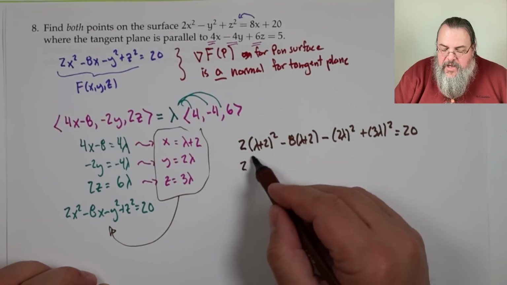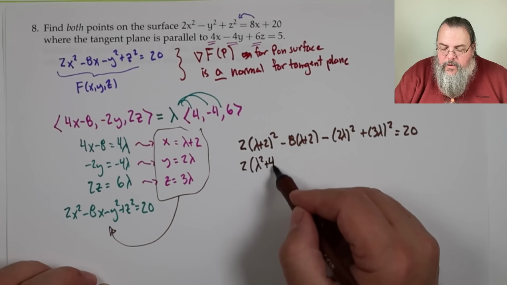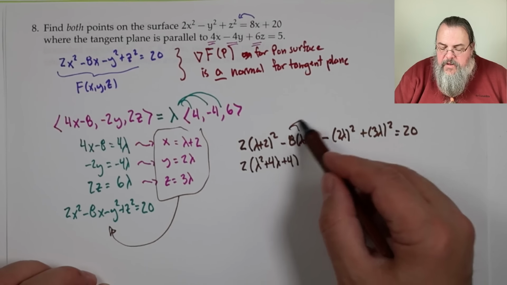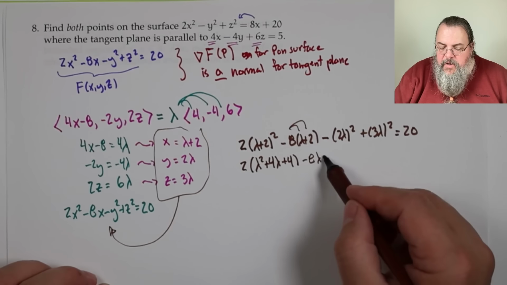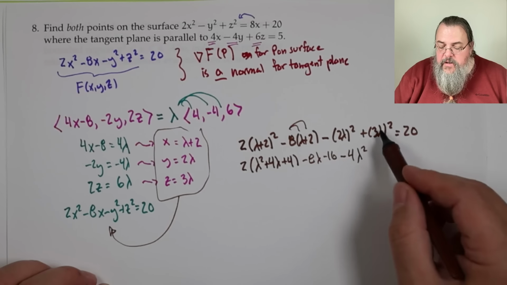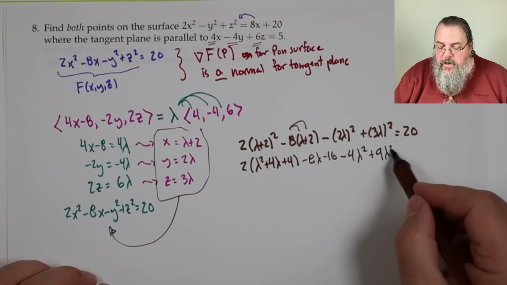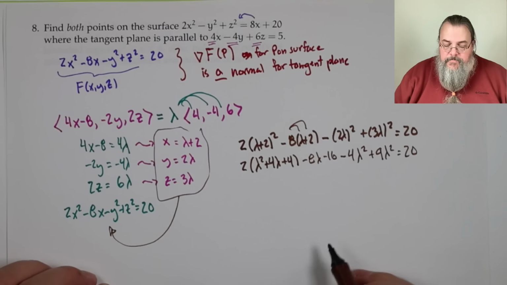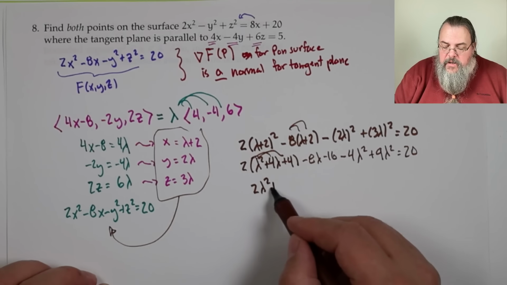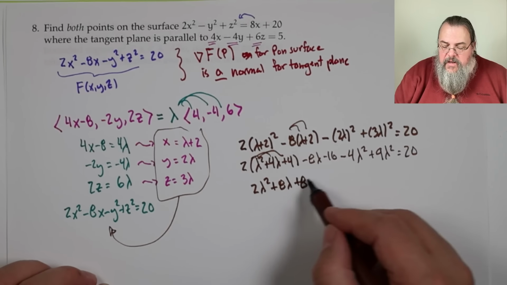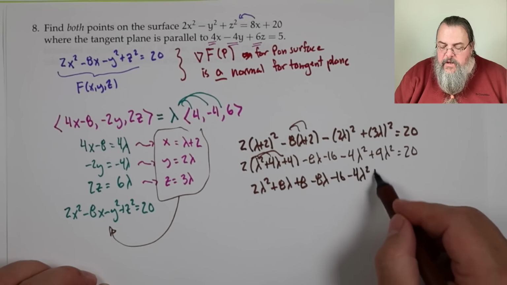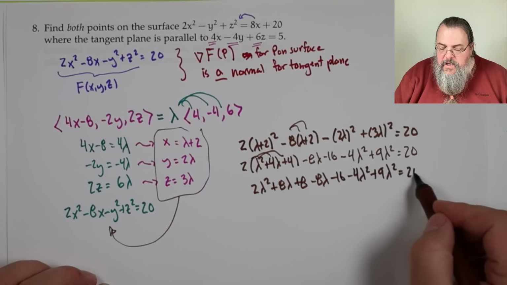So this will become 2 times lambda squared plus 4 lambda plus 4. And here, I'll go ahead and distribute that through: minus 8 lambda minus 16. Square this, minus 4 lambda squared. Square here, 9 lambda squared equals 20. Okay, distribute: 2 lambda squared plus 8 lambda plus 8, minus 8 lambda minus 16, minus 4 lambda squared plus 9 lambda squared equals 20.